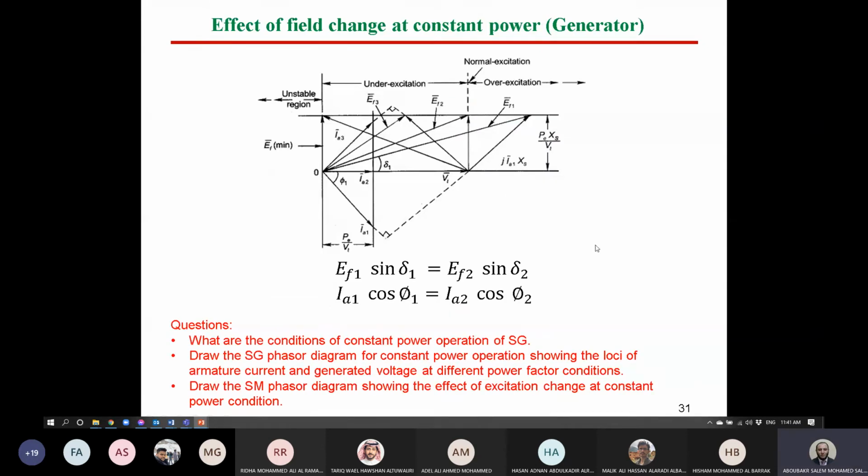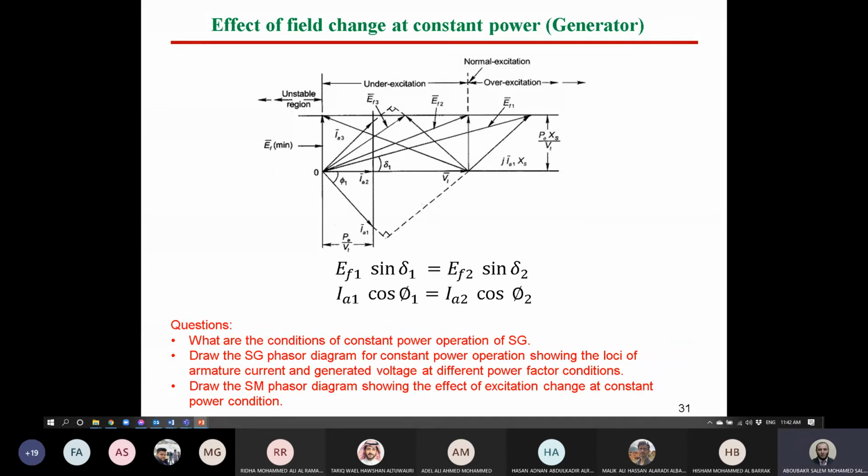Now, how can we control the field in order to keep the power constant? Now we have a certain load. This load is constant, but let me give you an example first. We have a power plant, and the control center asked the power plant to increase its load, for instance, from 100 megavolt ampere to 150.